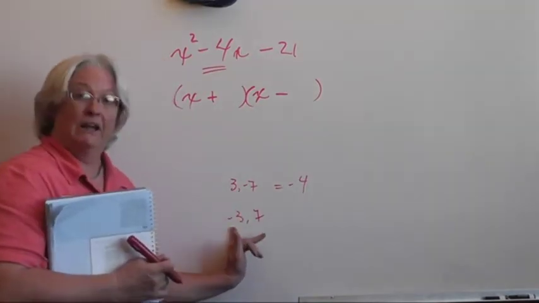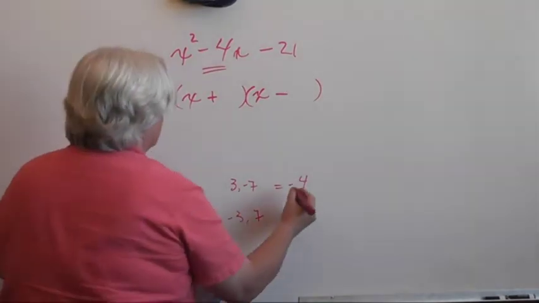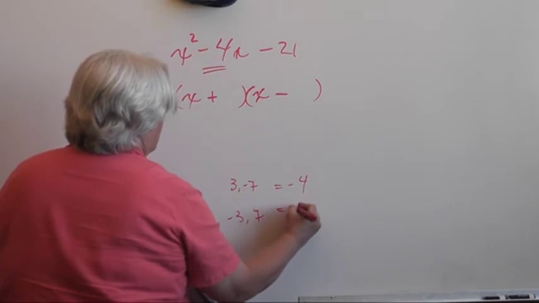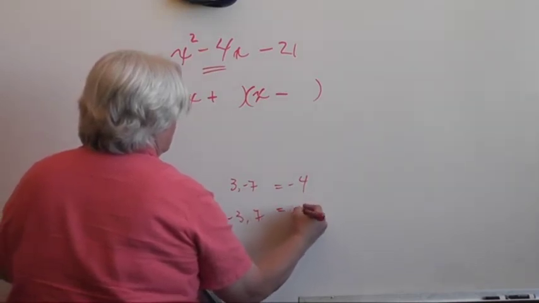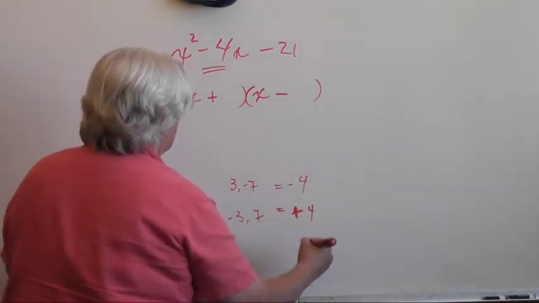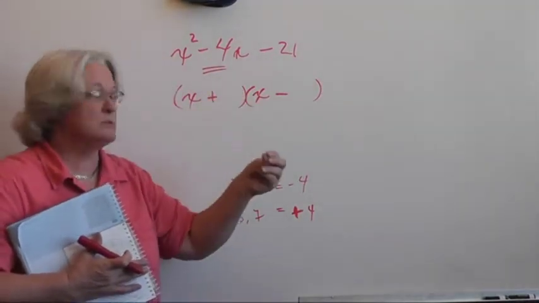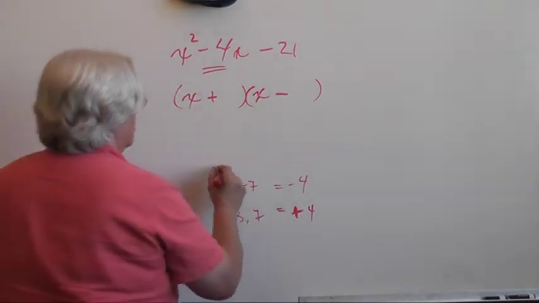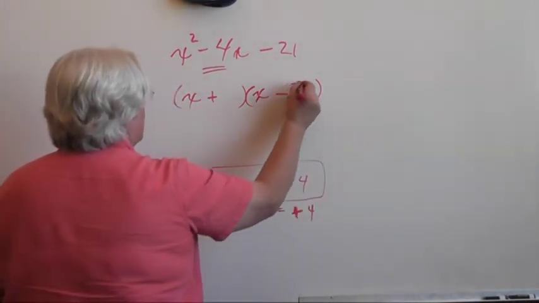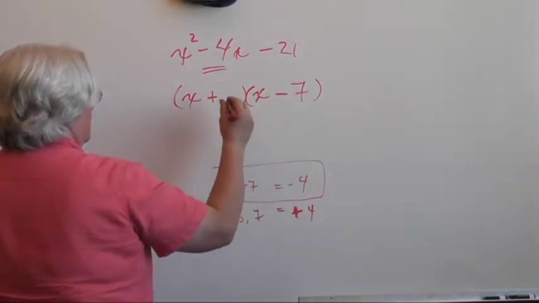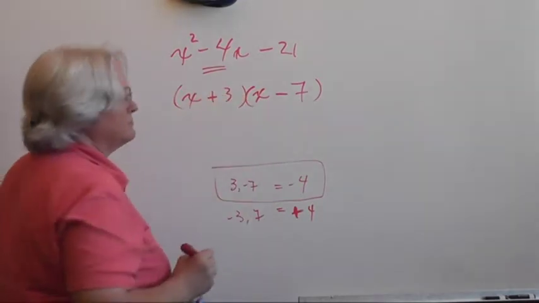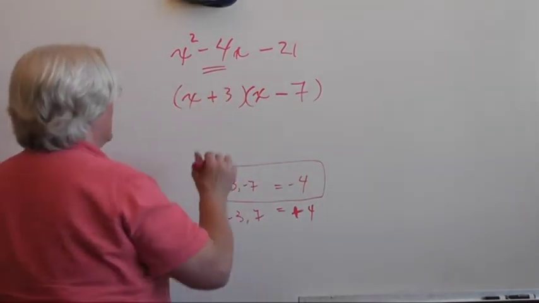When you add together a -3 and a +7, you get a positive 4. What does our center term need to be? It needs to be a negative 4. So we need to have a negative 7 and a positive 3. So let's FOIL this back and see what happens.